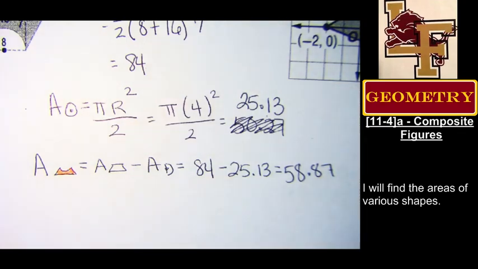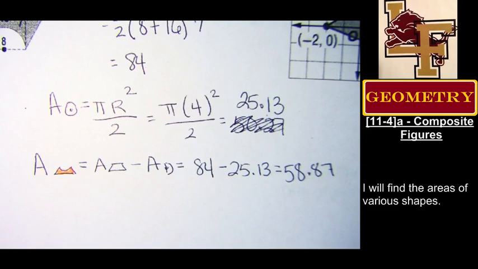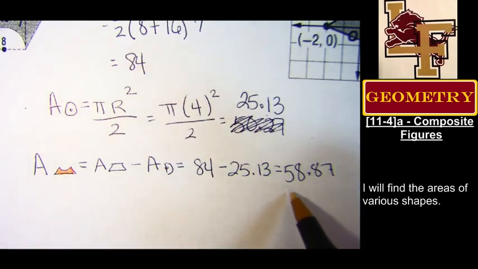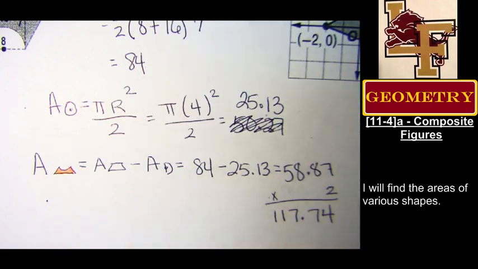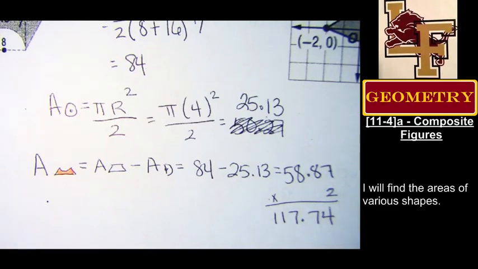But I have 2 of those shapes, don't I? So then I'm going to take this and multiply it by 2. 117.74. Because I got 2 of them. Yes? That's right. You want to look at number 10 when you guys are done?